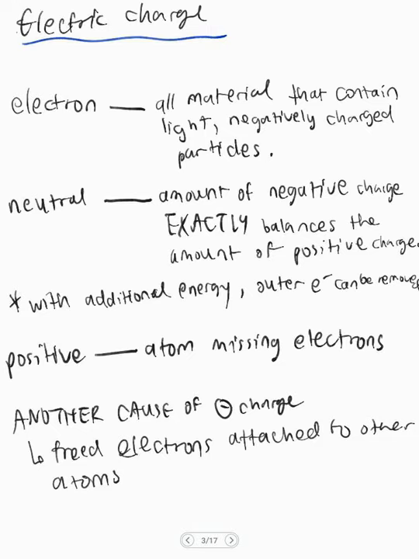Positive is the atom missing an electron, and that results in a positive charge. Another cause of a particle to be a negative charge is that free electrons attract to the other atom.